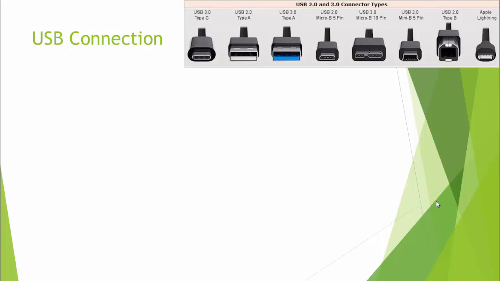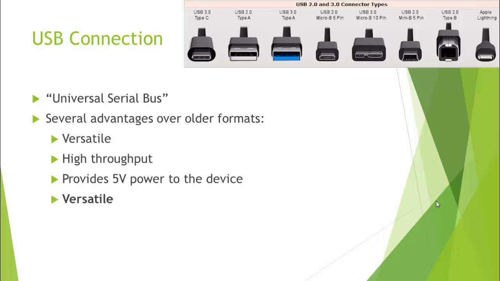Here are a whole group of USB connectors, ironically called Universal Serial Bus, and then there's so many different flavors that they're far from universal. However, they have advantages over those older formats we saw in the last slide. They're versatile, they're high throughput.